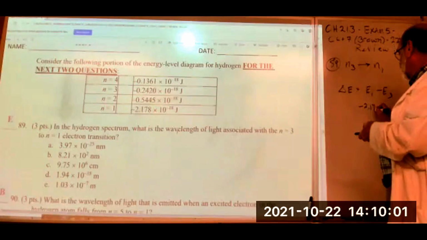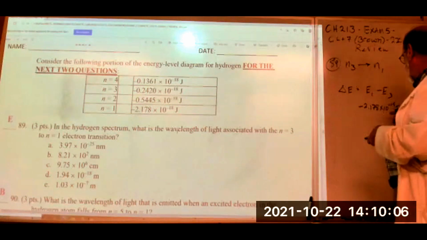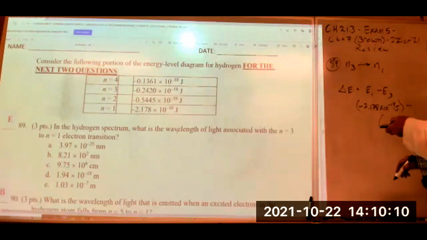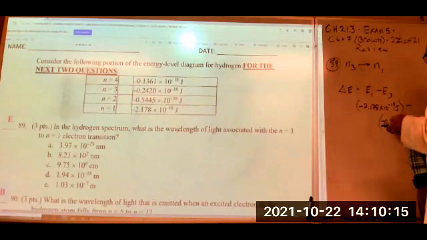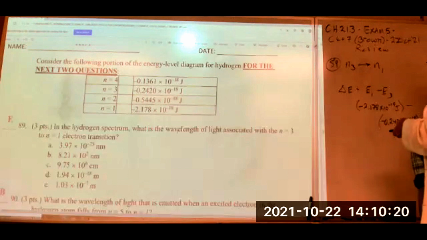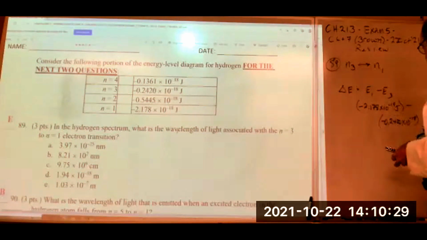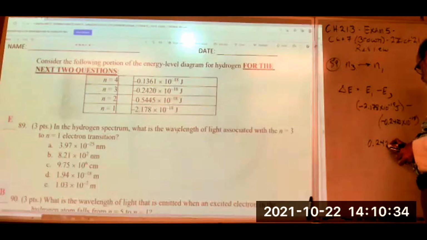So the final is here: minus 2.178 times 10 to the minus 18 joules. And then we subtract 0.2420 times 10 to the minus 18. There. Okay. So that makes this a plus. These both have the same powers of 10, so we just need to deal with the coefficients. That makes that a plus 0.2420.